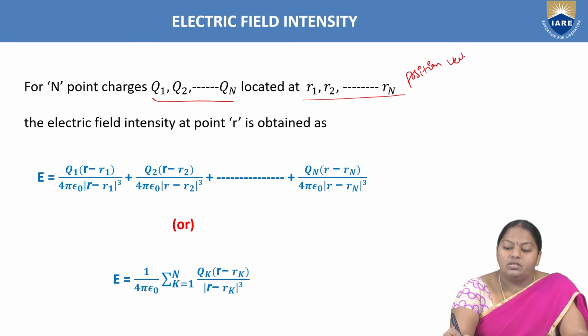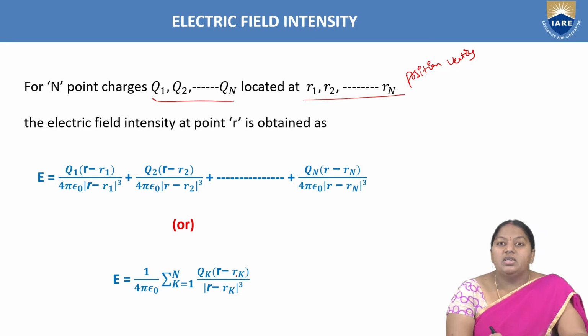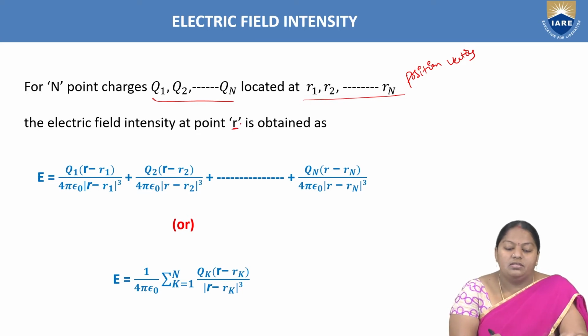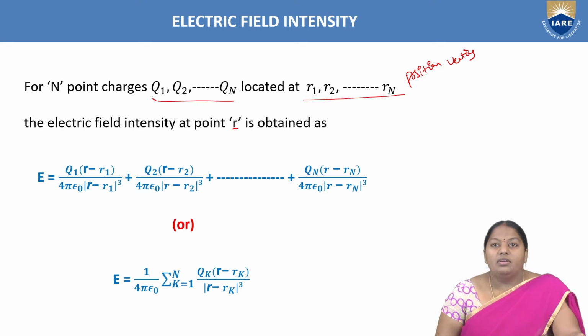Then the electric field intensity at a particular position or point is obtained as follows. Previously we evaluated the equation for electric field intensity for only one particular charge. Now it is extended for n number of charges.